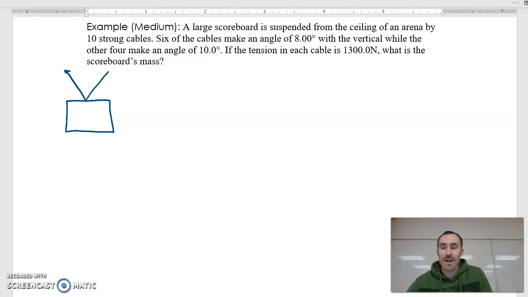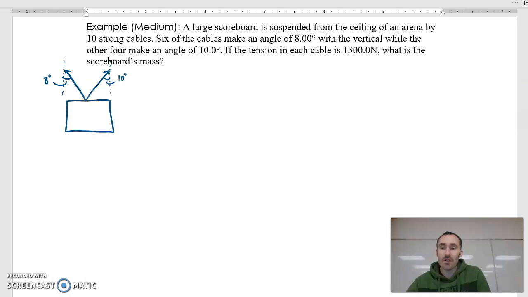I'm also going to exaggerate that. So here is our vertical, and here's our vertical. And so this is 8 degrees, and this is 10 degrees.